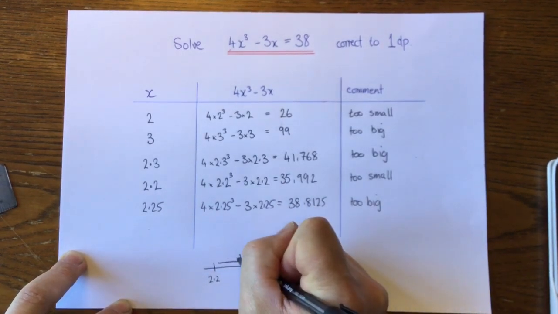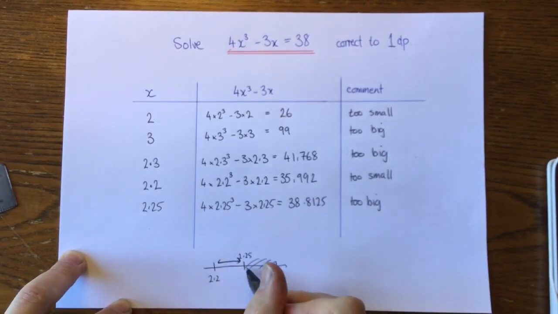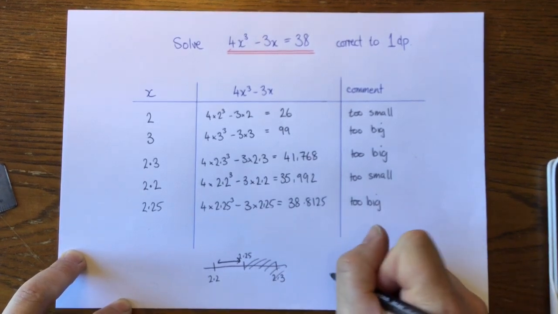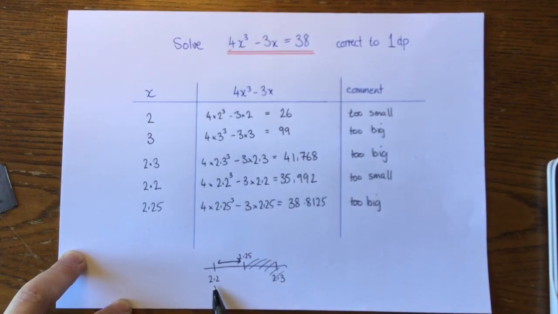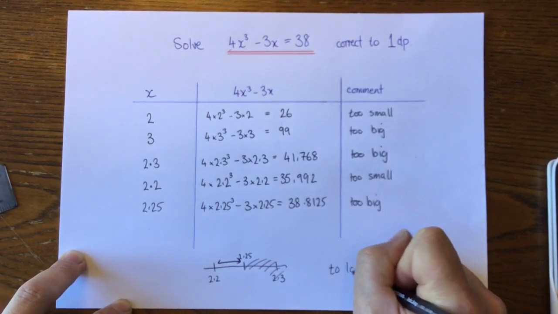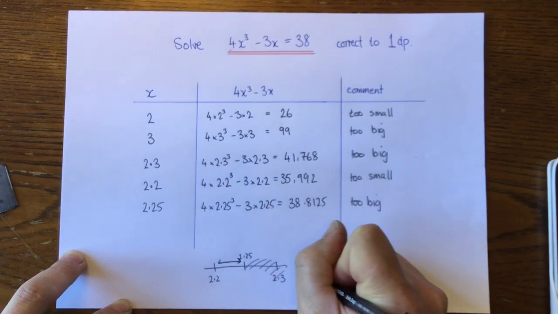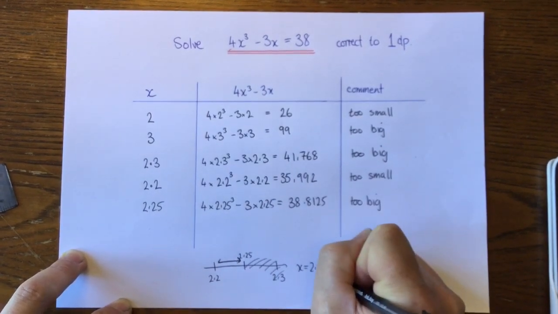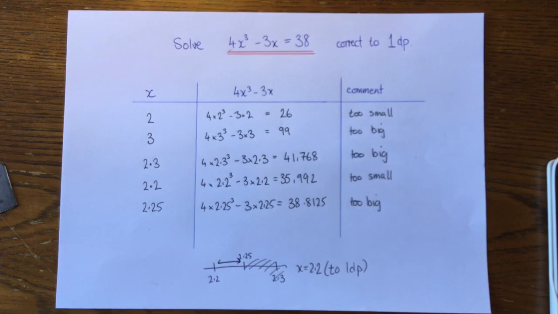My answer is somewhere in between 2.2 and 2.25. So in other words, to one decimal place, it's closer to 2.2 than 2.3. So to one decimal place, x is 2.2. And so we've solved this equation, or we've found an approximate answer for this equation using trial and improvement.